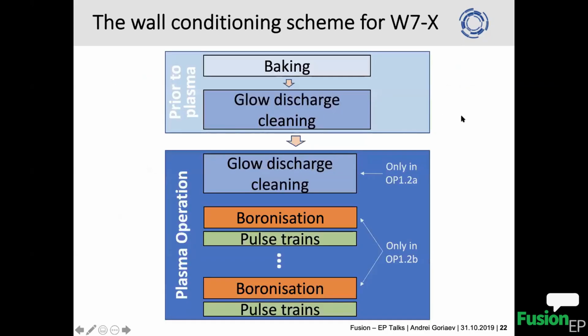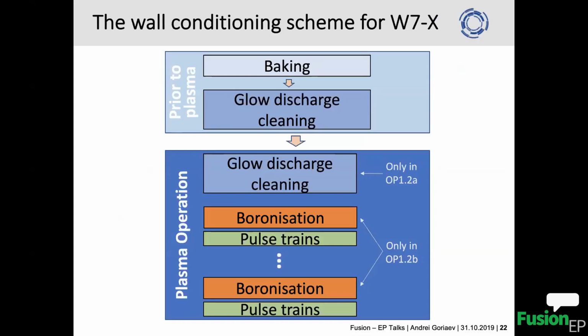For instance, on W7-X, we divided wall conditioning into two steps. The initial wall conditioning was applied before plasma operation. We pump down the vacuum vessel, we bake it, and we apply the first glow discharge in hydrogen to remove impurities, and then in helium to remove hydrogen.